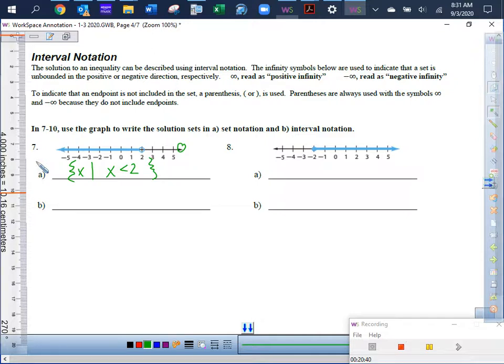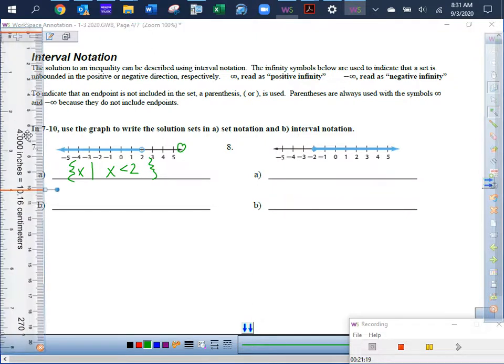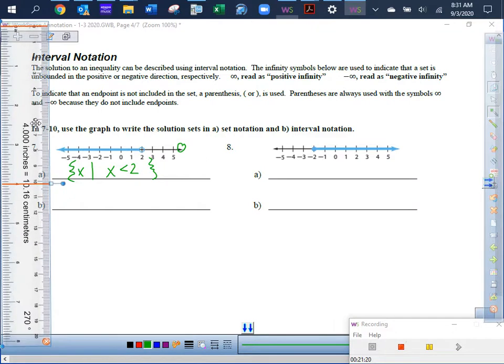You got a positive infinity as we go to the right, and you got a negative infinity as we go to the left. It's just a way to say which way we're going, which direction, but it's going on forever and ever and ever. So here's how I tell what the interval is. I use the straight edge test. You could use your hand, you could use a straight edge, you could use your pencil, whatever. But I put this straight edge going straight up and down, and I'm looking at the blue graph only.